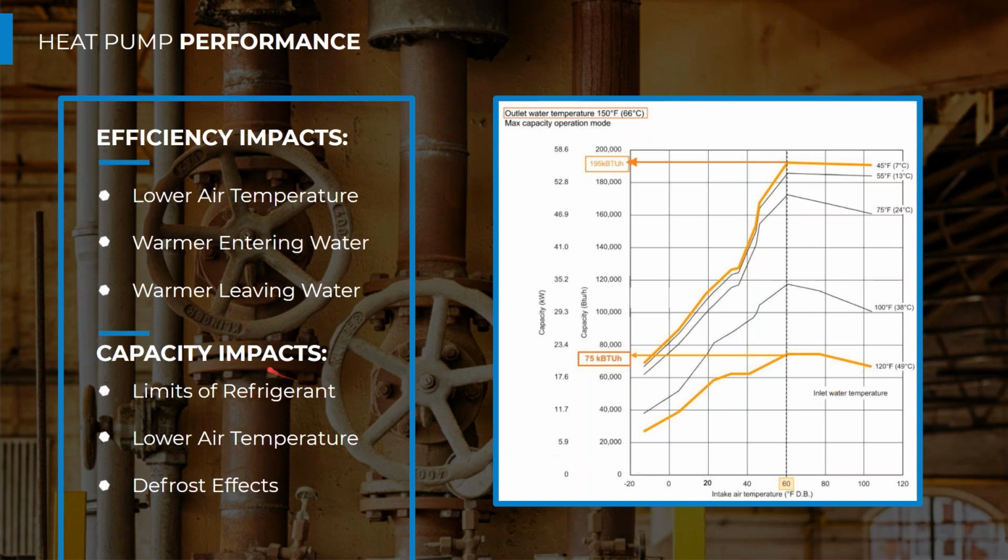And so our capacity is impacted by limitations on the refrigerant and those lower ambient air temperatures, but water temperatures, both outgoing and incoming, also impact our capacity. So it's important that we understand what temperature ranges we're going to operate in, or how the sequence of operation for these heat pump water heating systems will be written and controlled.